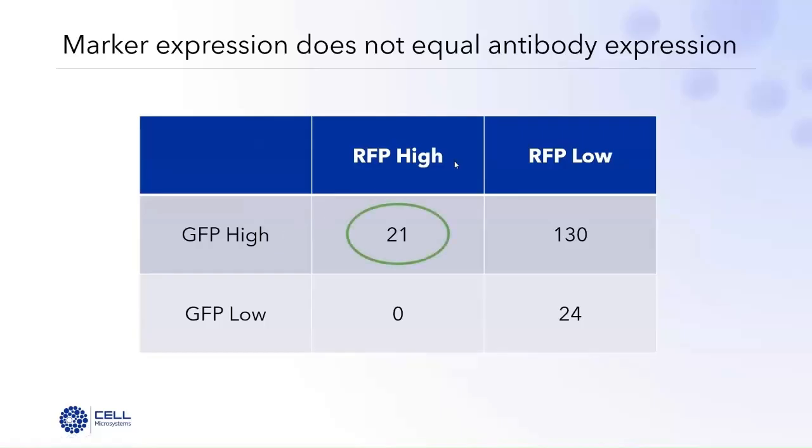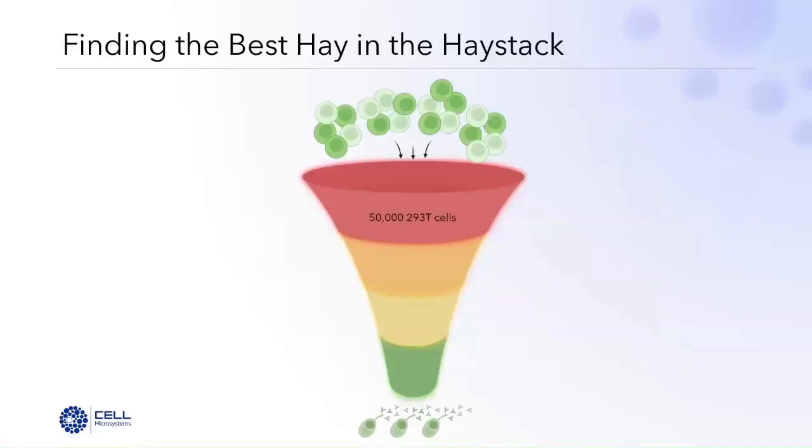However, the RFP high cells that are producing the highest amount of antibody in this bucket are completely indistinguishable from the RFP low relative to the GFP high cells. So within the software, these GFP high cells look exactly the same regardless of RFP high or low. And so what this tells us is that it's important to not rely on any single marker and to actually use this upstream screening in order to make our downstream expansion worthwhile.